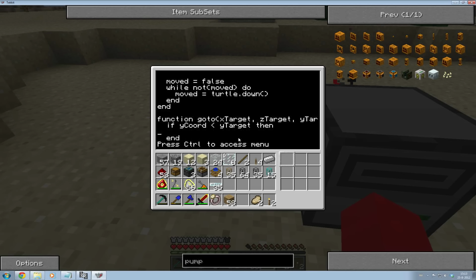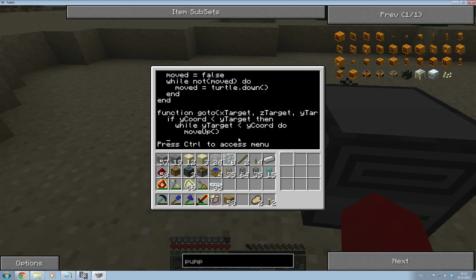So we're going to go while y target is smaller than y coord, do move up. So that's the move up function we made ourselves. That will also edit our coordinates for us and move the turtle.